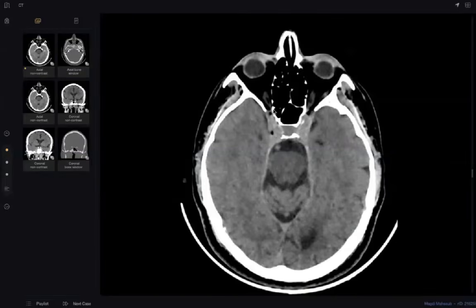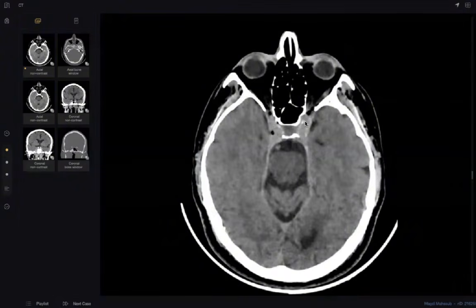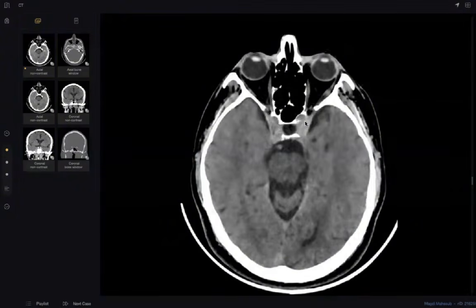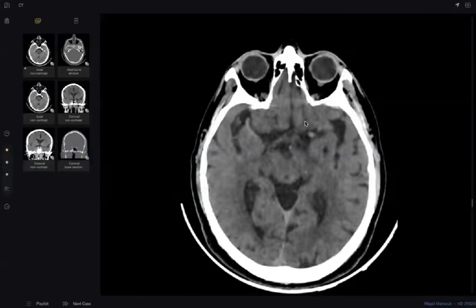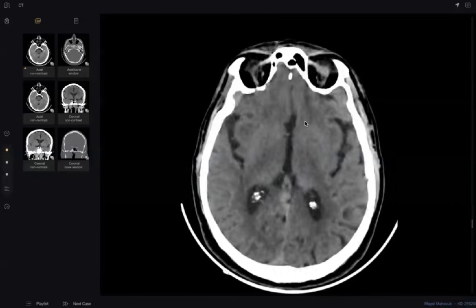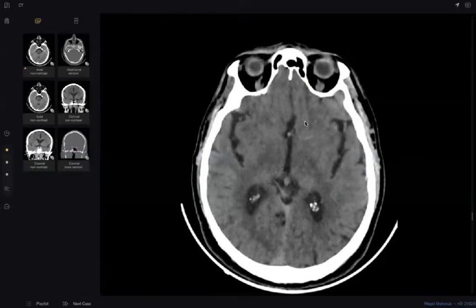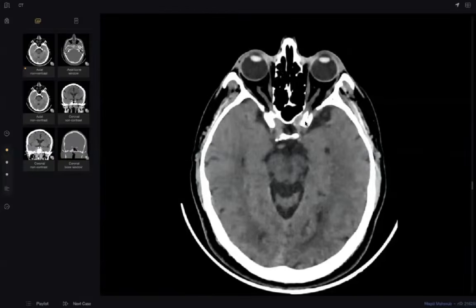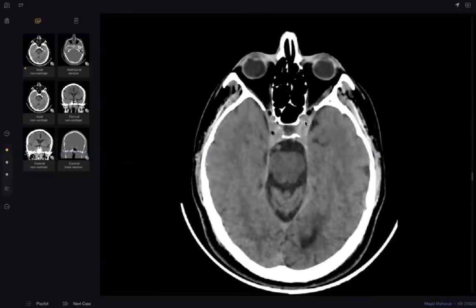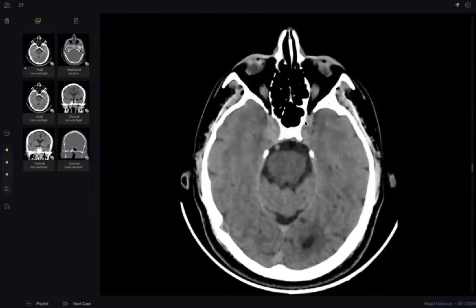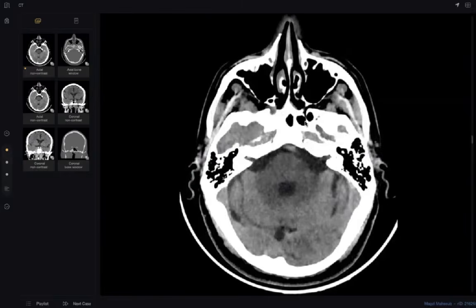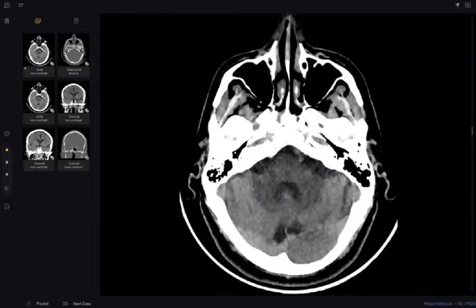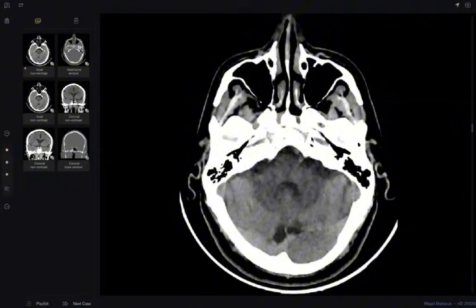I can also see some air foci within the right cavernous sinus. Apart from that, both carotid canals appear unremarkable.